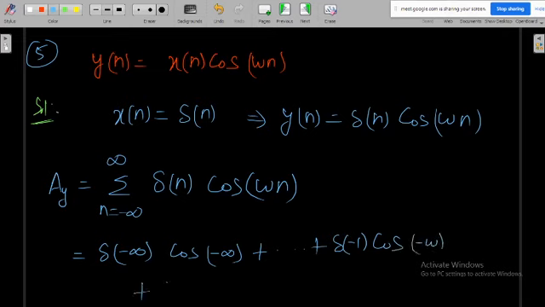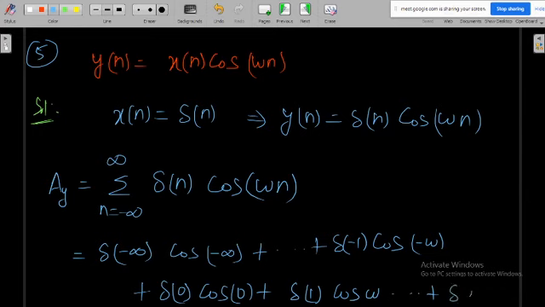Then if you apply 0, delta of 0 cos of 0, delta of 1 cos omega, and then finally delta of infinity cos of infinity. Okay, then what is the value?